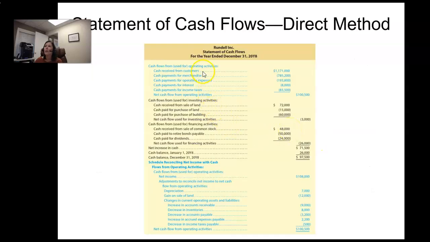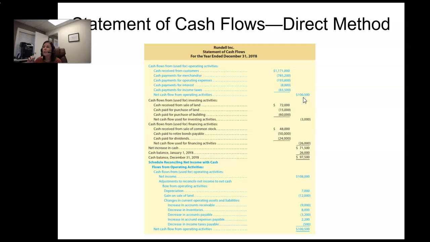Now this shows, using the direct method, this part up here in blue, how our operating section appears as a result of the use of the direct method. Now note that if you remember back to the lesson on the indirect method, the cash flow from operating activities is still $100,500.